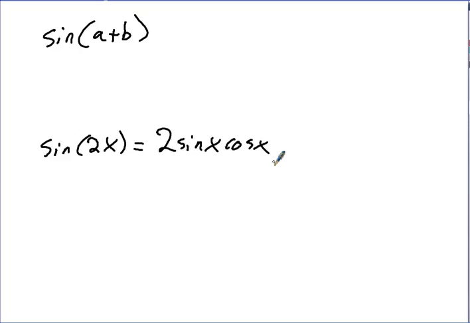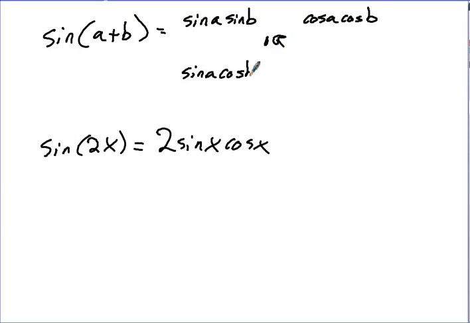Whenever you do the sine or cosine of a sum of angles, it's either going to be sine A, sine B, and then cosine A, cosine B, or it's going to be sine A, cosine B, cosine A, sine B.